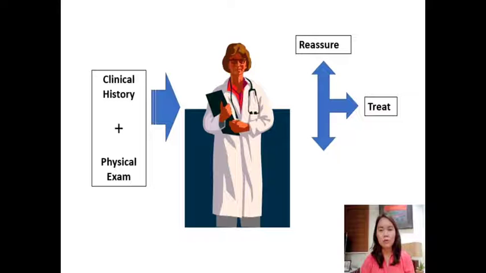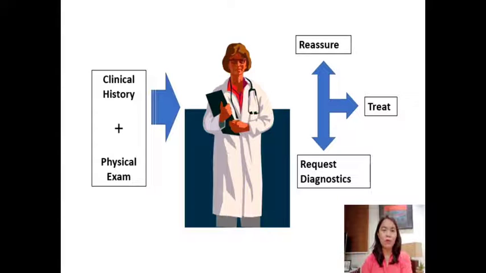Or we could go immediately to treatment, either with pharmacologic or non-pharmacologic interventions. And the third option is to request diagnostic tests. Hopefully, these diagnostic tests will be useful in strengthening our current impression of the patient and also guiding us in the next steps of management.